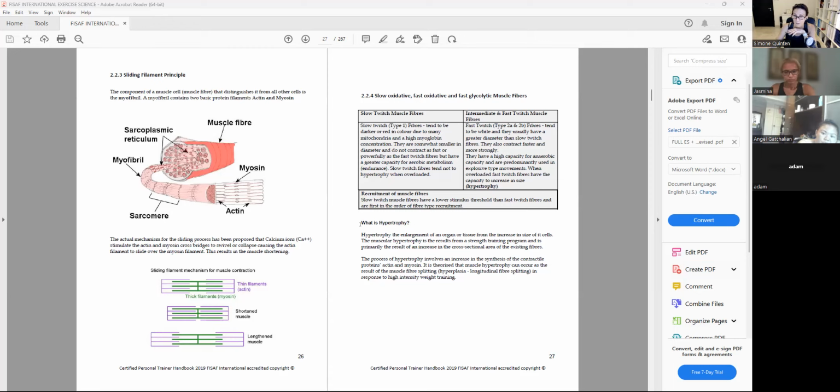Okay, hypertrophy is only for fast twitch muscle fiber and intermediate fast twitch fiber. So the normal hypertrophy is not applicable to slow twitch muscle fiber. There is a little bit of hypertrophy, but not as much. We will talk today or tomorrow about what exactly hypertrophy is, particularly hypertrophy programming, because that is usually what we do.